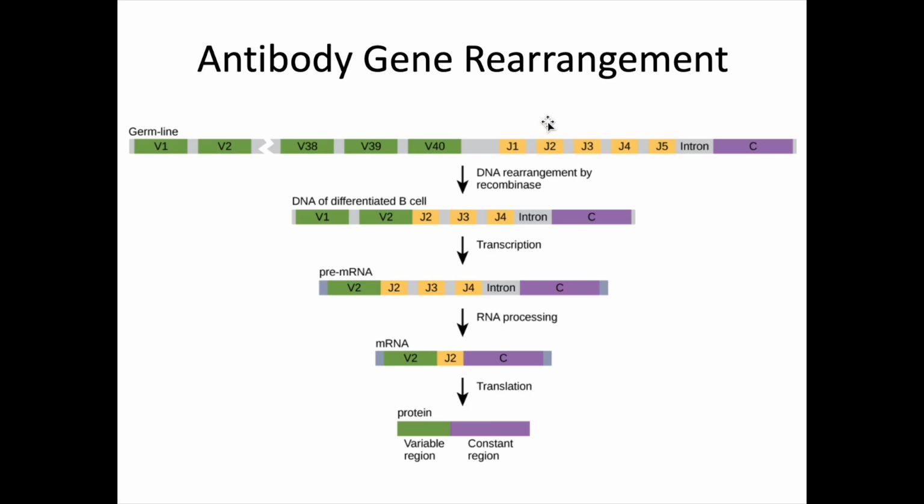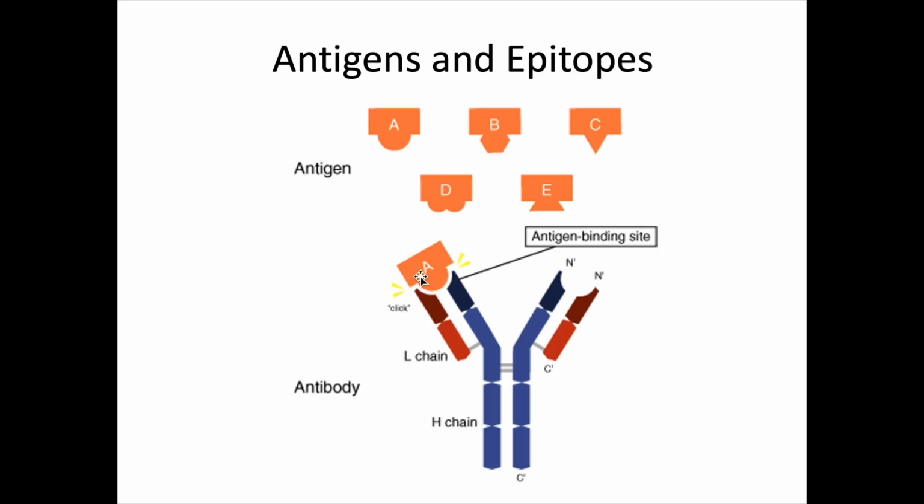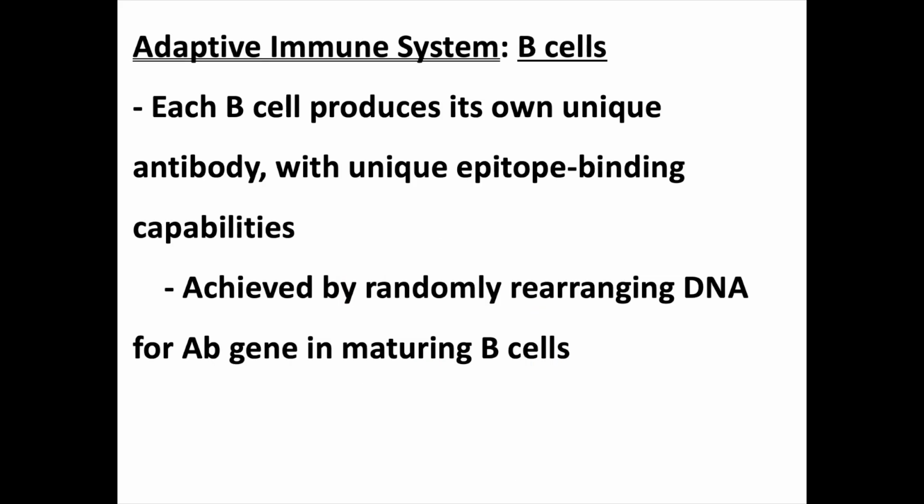And yeah, there's some randomness to this of which parts get cut out and flipped around and rearranged into different combinations. Every B cell, as it's going through its maturation process, does this gene arrangement, and in doing so, it creates some randomly generated brand new antibody that is capable of recognizing some structural thing. So this is achieved by randomly rearranging DNA for the antibody gene in maturing B cells.